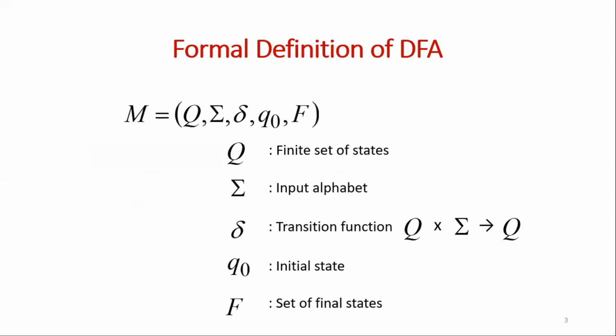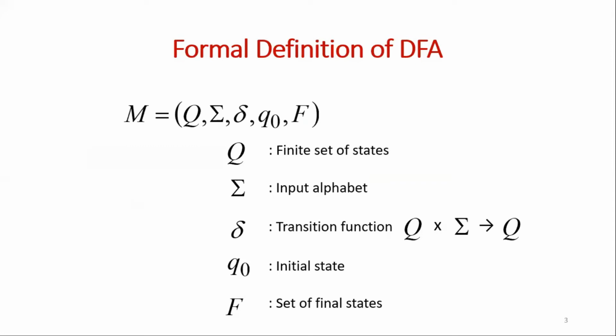Formal definition of deterministic finite automata. A deterministic finite automaton consists of a tuple of the form Q, sigma, delta, Q0 and F. Q denotes a finite set of states. Sigma denotes the input alphabet.